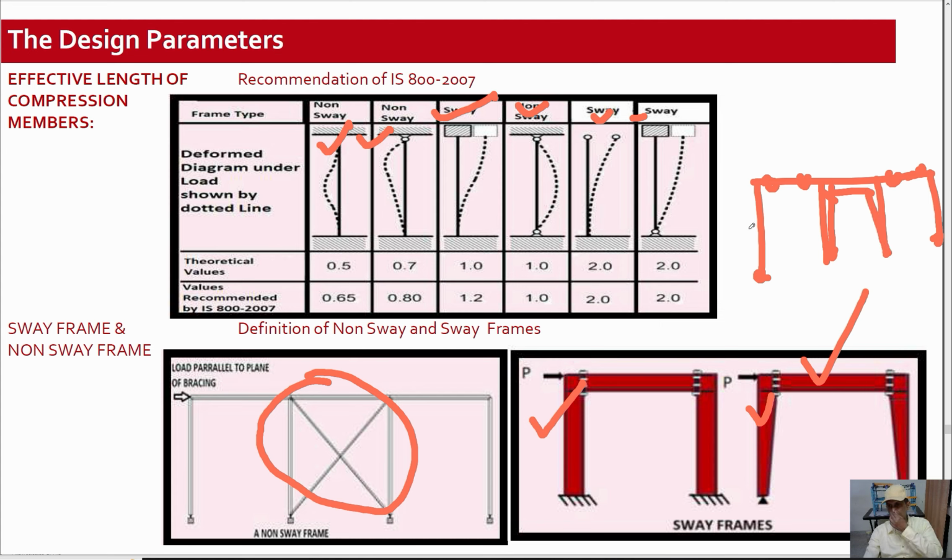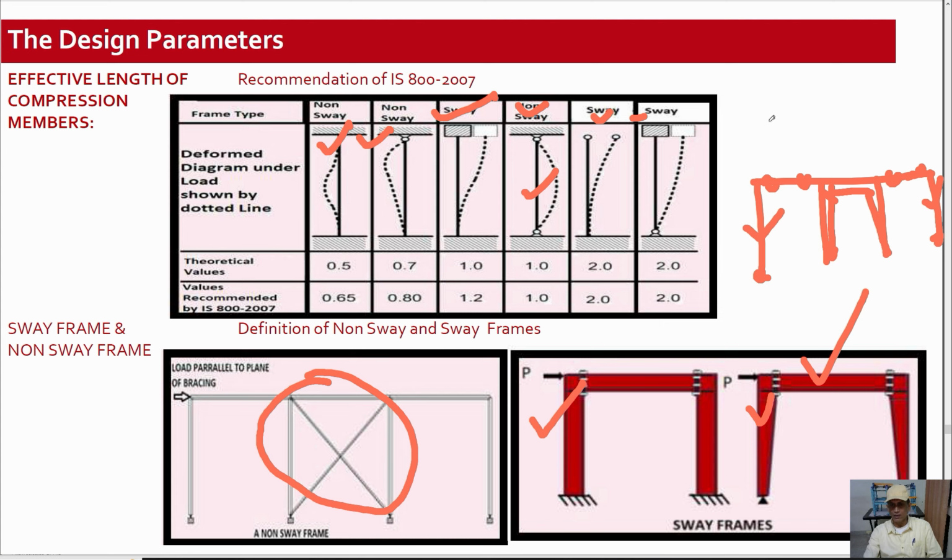So for all practical purposes, you can take these members as restrained against sway because the restraint is provided by this portal brace. So you can apply the effective length factor accordingly, and that is 1. So usually in most cases this suffices, but cases may arise when you have to go for a rigorous analysis.